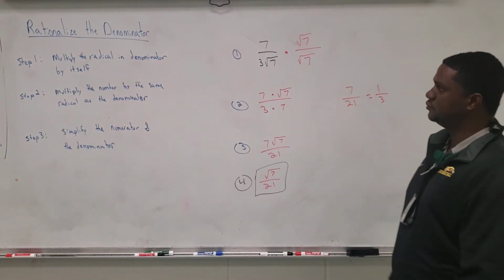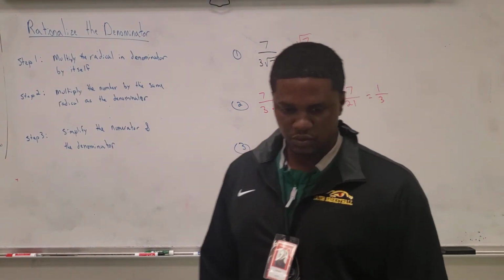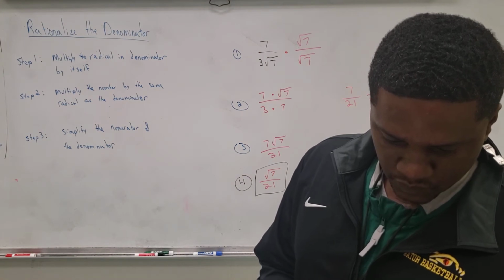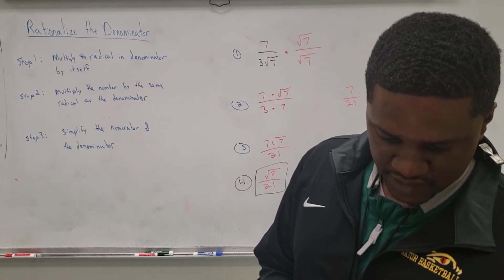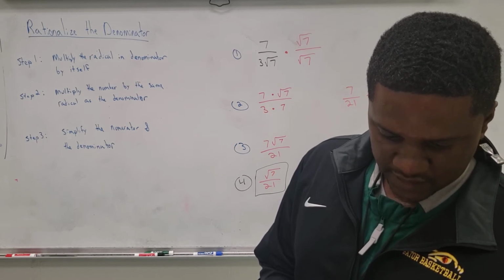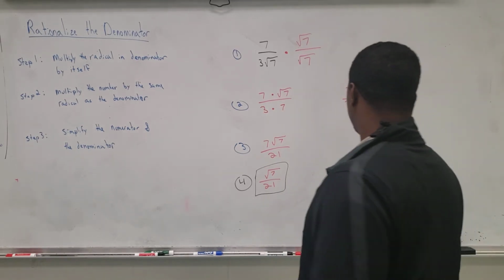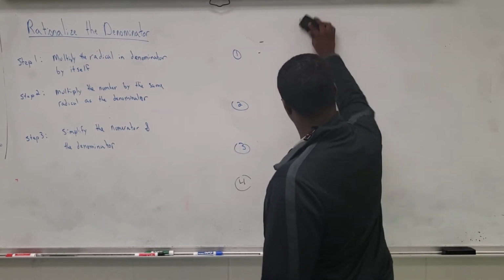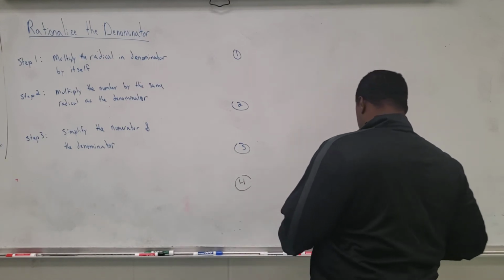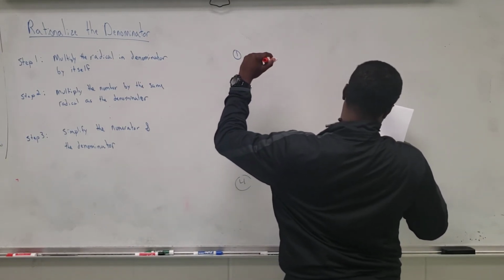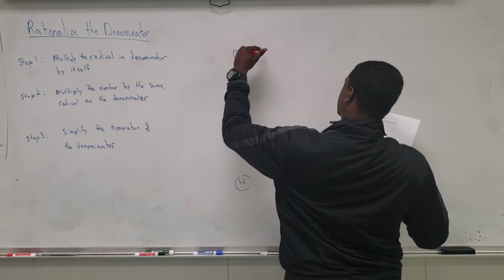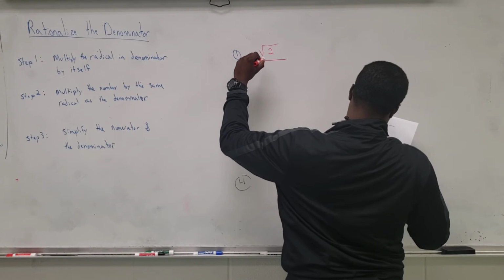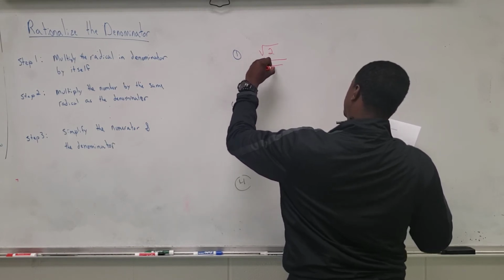We have 2 more to go. We're going to look at 259 and 261. So let's go to 259. Square root of 2 times 2 square root of 2.